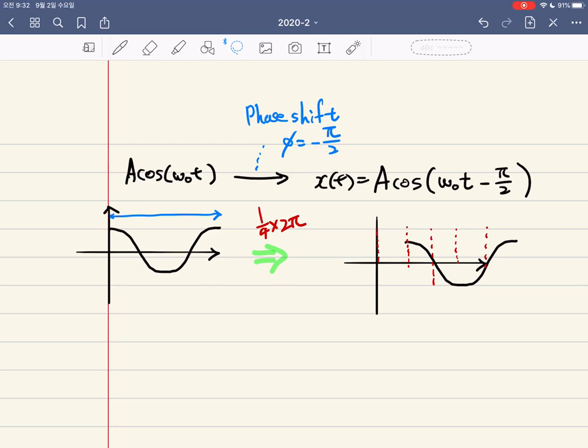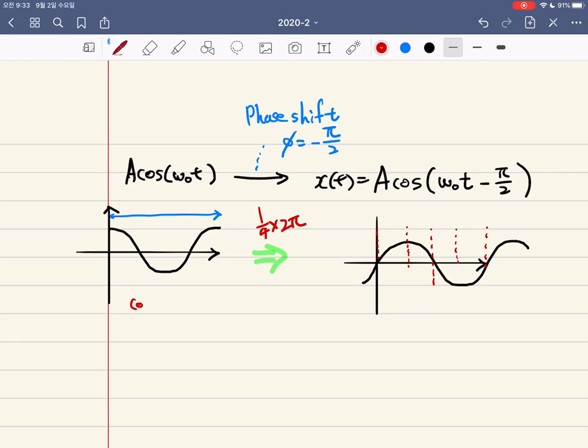As the phase shift is done, and if you connect the continuous signal in both directions, then what kind of sinusoidal wave do you obtain? This is a sine wave.